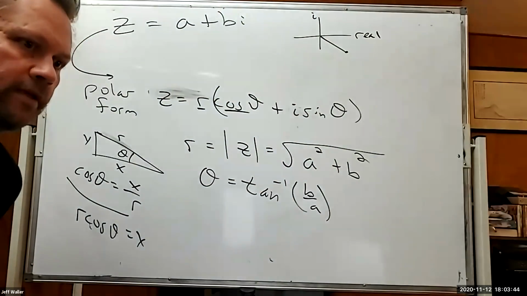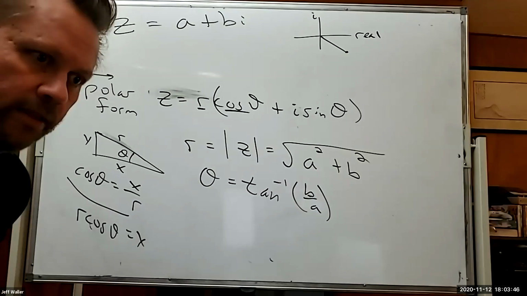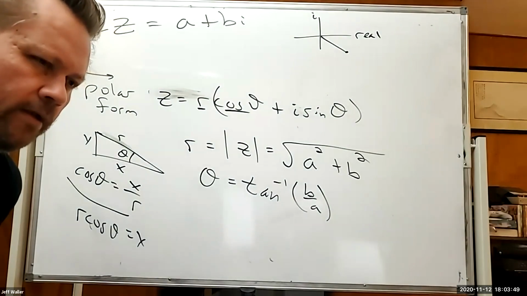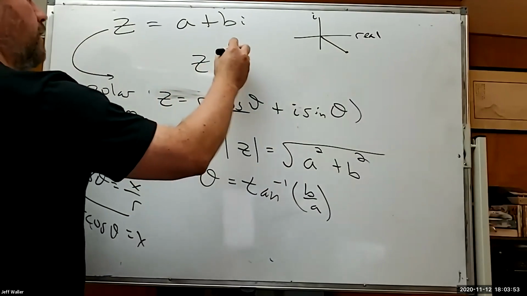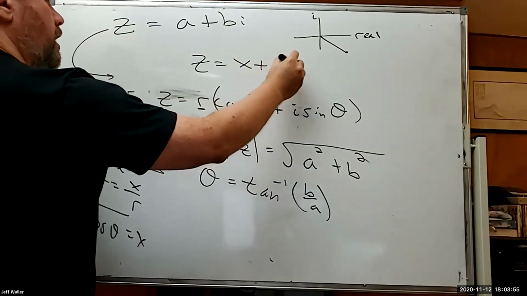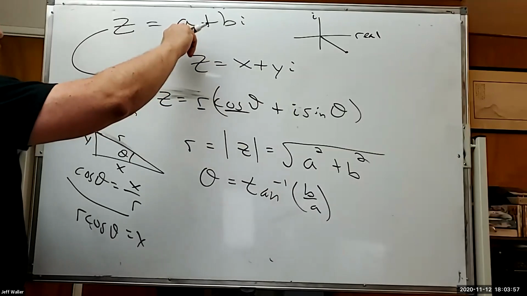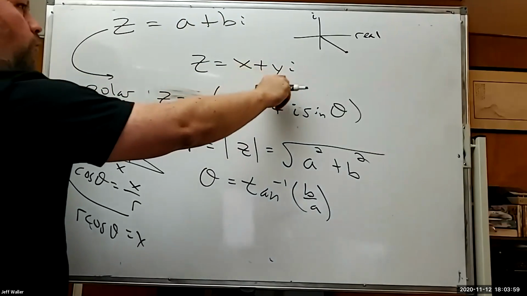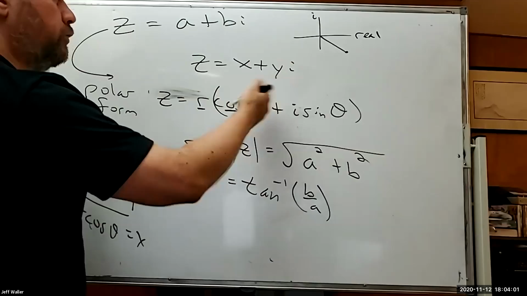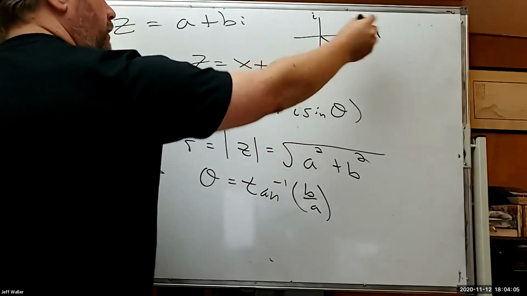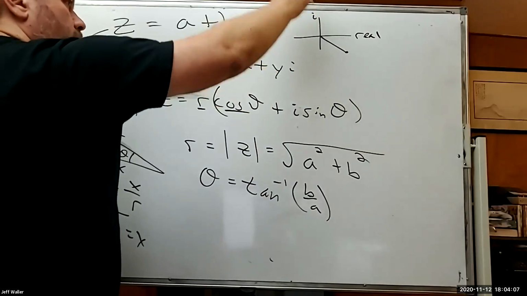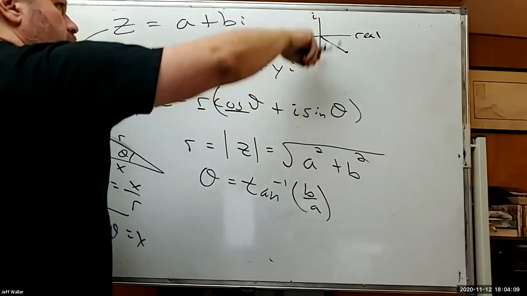So on one level, this is kind of silly, to be honest. Hopefully somebody out there is thinking this is kind of dumb. If you write this as X plus YI, instead of using A and B, I use X and Y. Why would that make sense for arbitrary letters? Because the real part is the x-axis, and the y is the y-axis, the imaginary part.